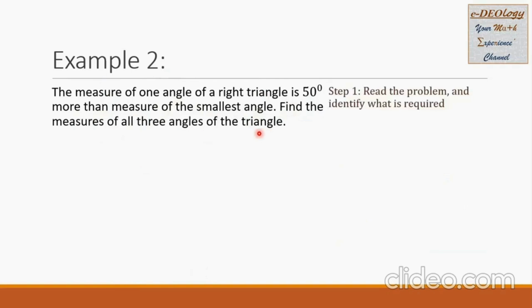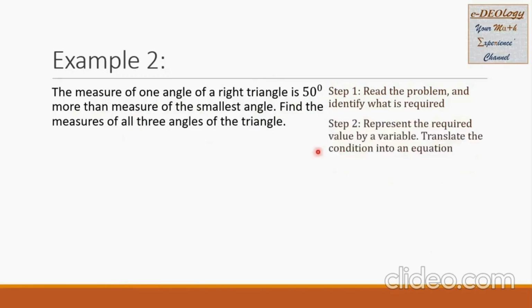Step 1, we read the problem and identify what is required. So we need to get three angles of the right triangle. Step 2, represent the required value by a variable. Translate the condition into an equation.